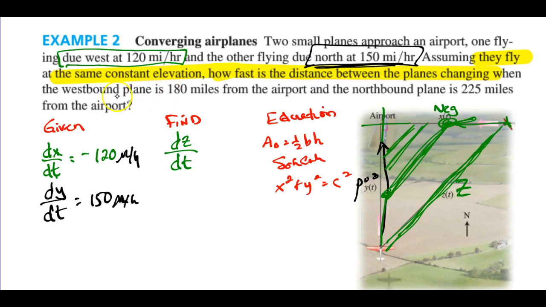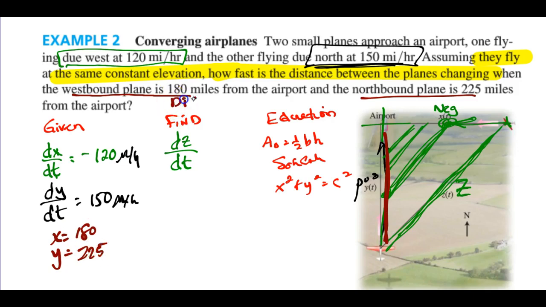And it looks like a couple other things were given. Westbound, it's 180. I'll probably plug that in maybe a little bit later. So x is 180, where northbound, it's the y-axis going up and down. Northbound is 225. Those are distances, which are always absolute values. So don't worry about the positive and the negative of those, because distance is always positive.